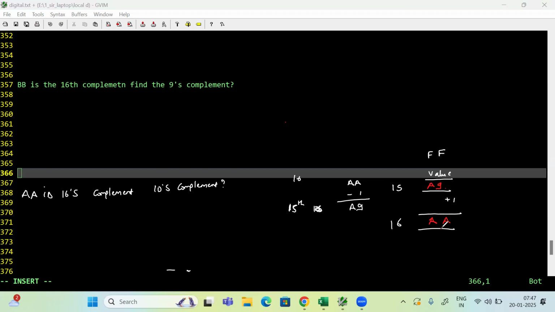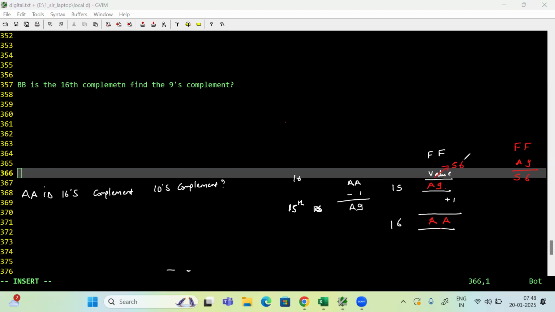Can you get me the value? What is the value? FF minus A9. What is that? 56, correct? 56 is the value. Correct? Do you agree?